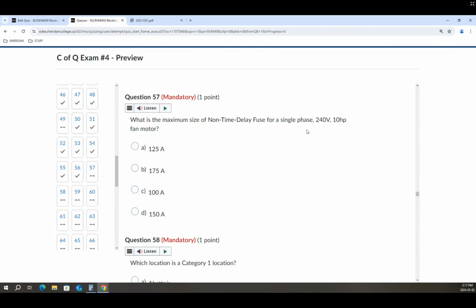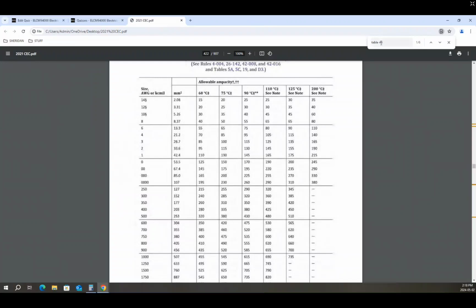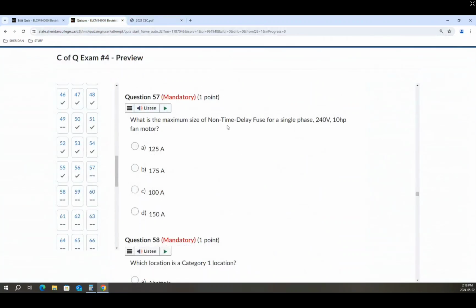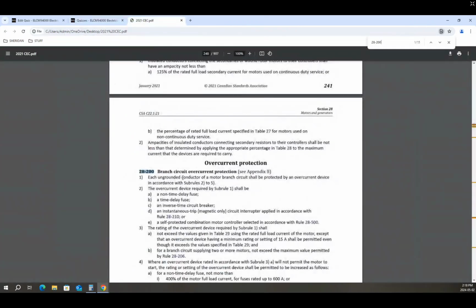57. What's the maximum size of non-time delay fuse for a single phase 240 volt 10 horsepower fan motor? What's the maximum non-time delay fuse for a single phase 10 horsepower fan motor?